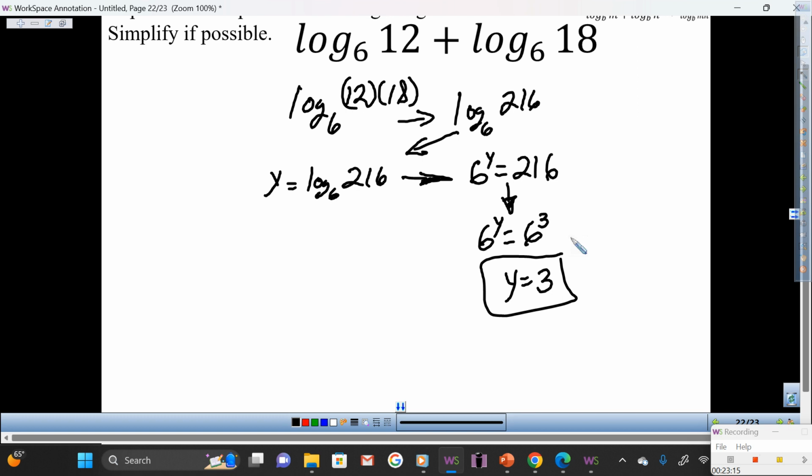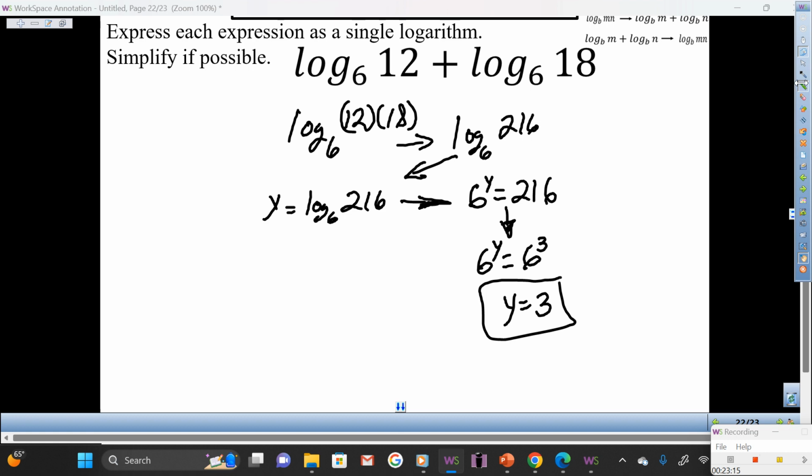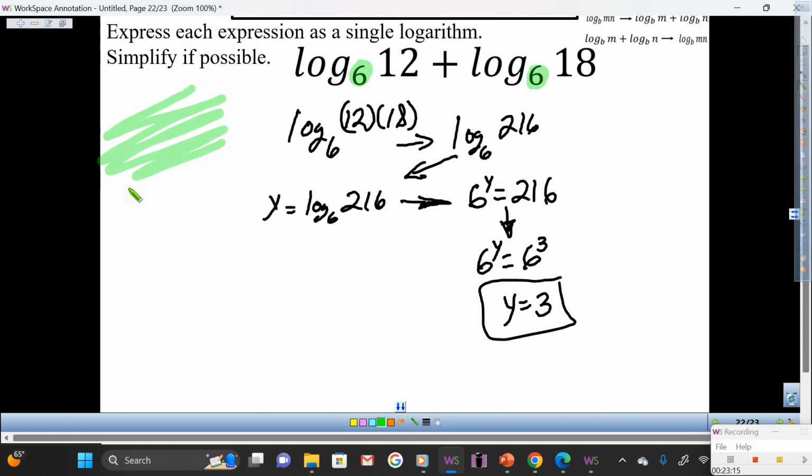You good, right? Make a little note for yourself just to make sure you don't forget. If you want to highlight or circle these bases with the same color and make a note over here. What would be the note, guys? If they have the same base and we're adding, what do we do with the given numbers? Multiplying.